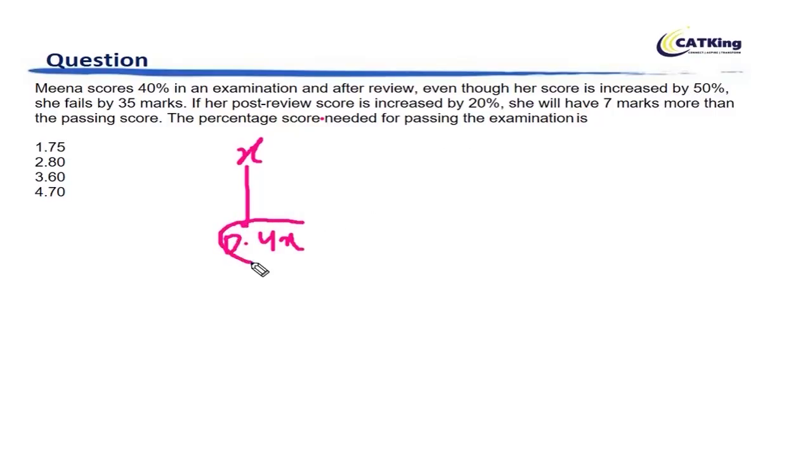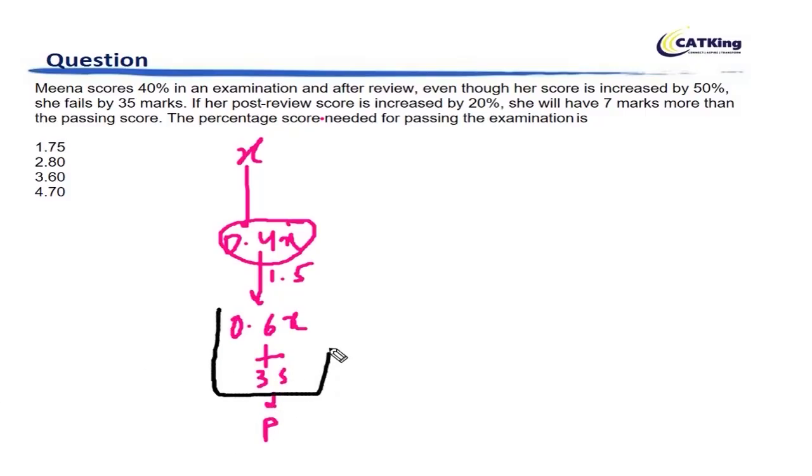So 50% of the original score, so you multiply it by 1.5. So the new score is 0.6x after review. Yet she is failing by 35. So if you add 35, you get to the passing mark. So the passing mark is 0.6x plus 35.